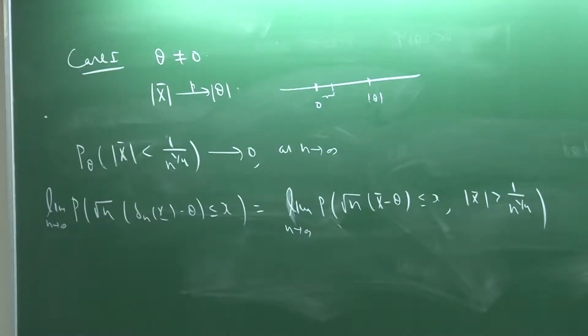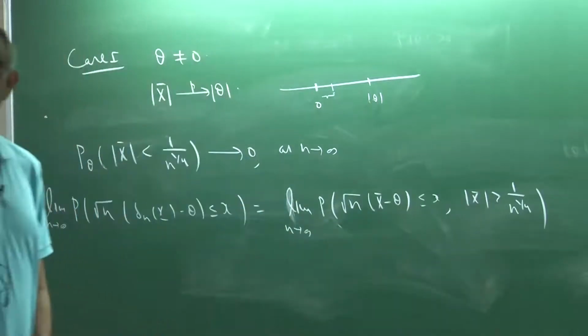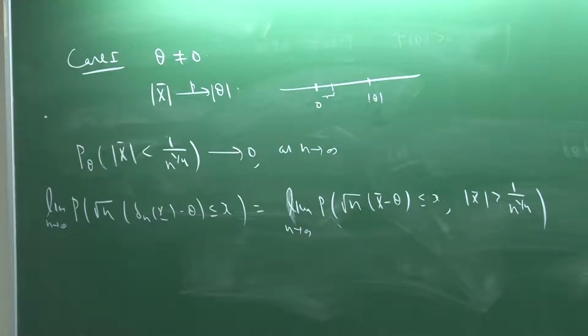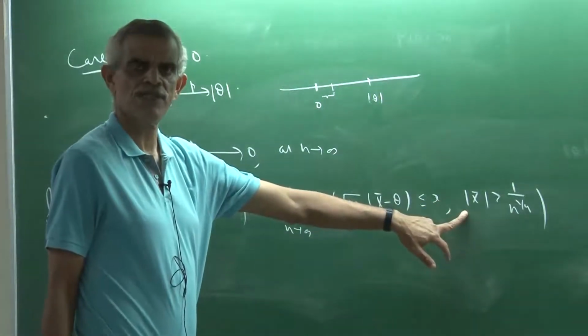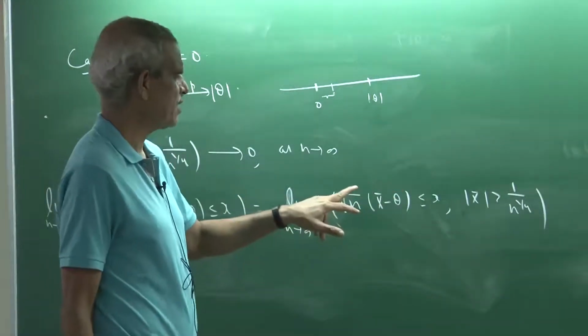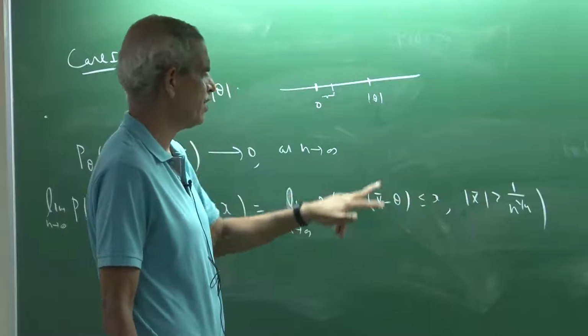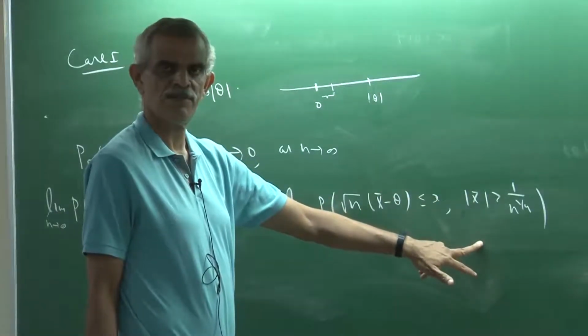Now again, by the same logic, one can show that the probability of this is going to 1, or the probability of mod of x bar less than or equal to 1 upon n to the power 1 by 4 is 0. So the probability root n x bar minus theta less than or equal to x is the same as the probability of this intersection this, plus the probability root n x bar minus theta less than or equal to x, mod of x bar less than 1 by n to the power 1 by 4.